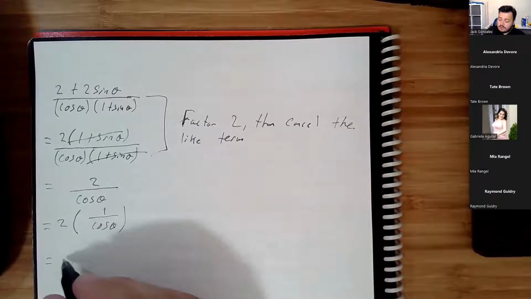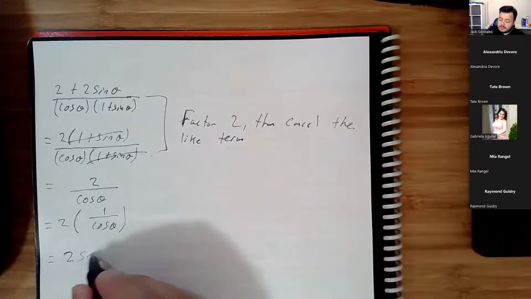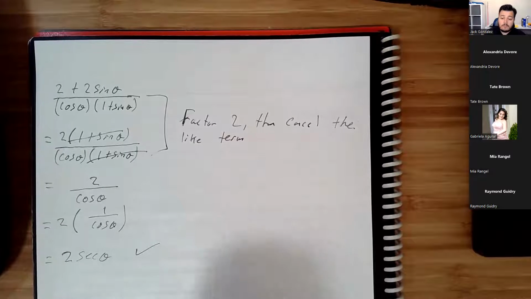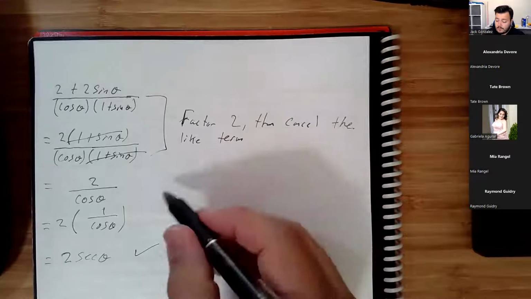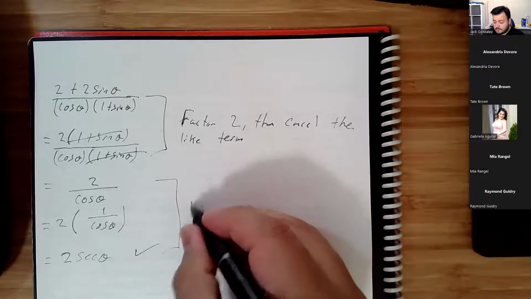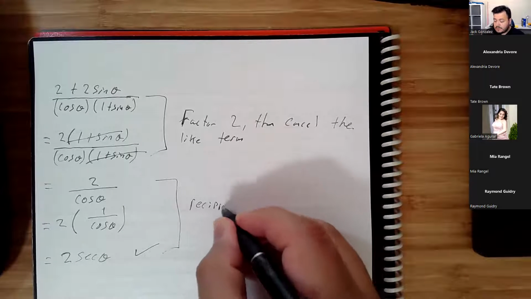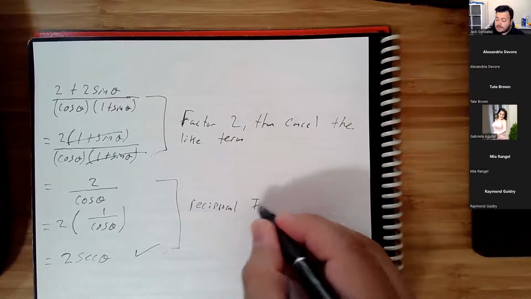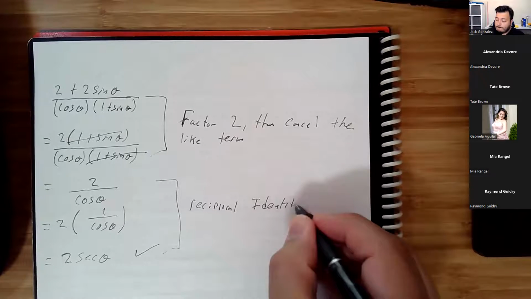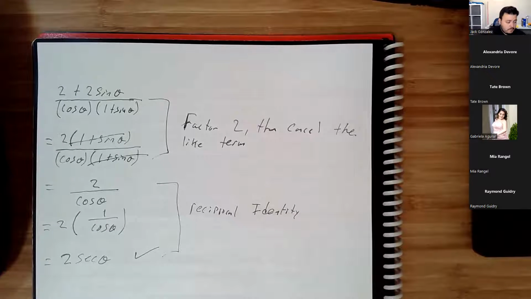So that should be your biggest hint that this is secant. This is where we wanted to go. We're using the reciprocal identity. Any questions on number 5?